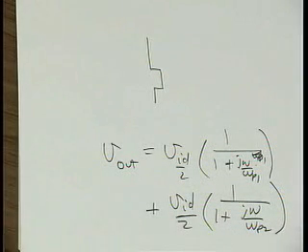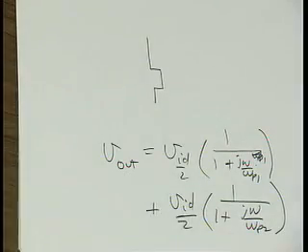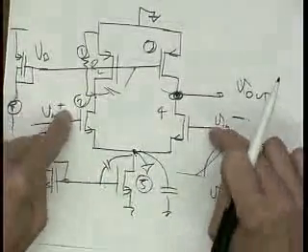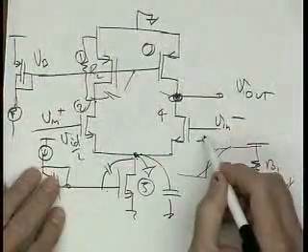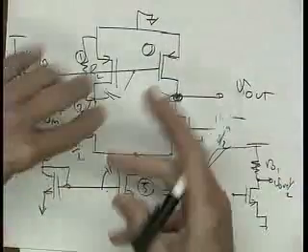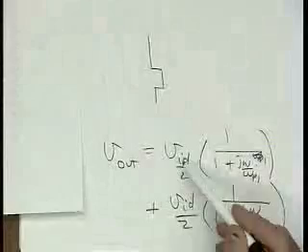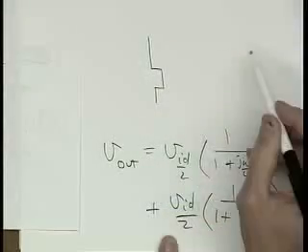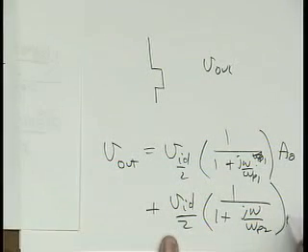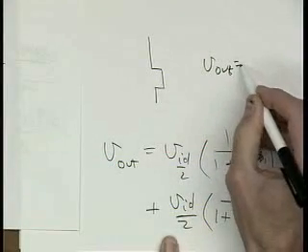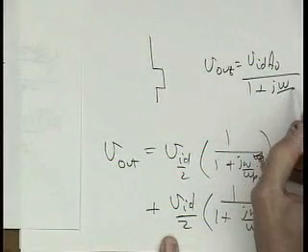In other words, I go from the transfer function from each of these inputs to the output. Let's say this is V in differential over 2 and this is minus V in differential over 2, but the signs get changed. So if we had the same poles, V out would be equal to V in differential times A0 over 1 plus j omega over omega p1.